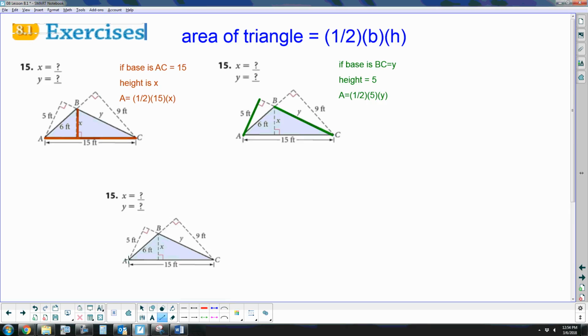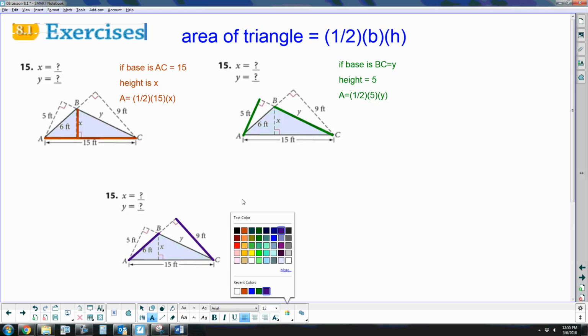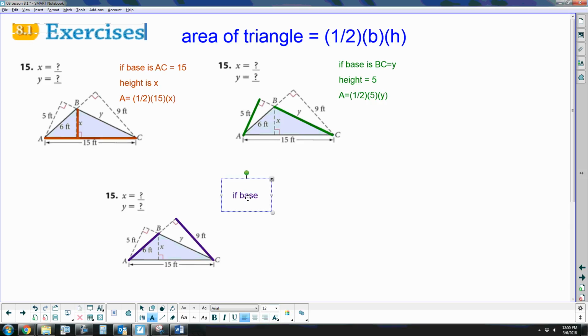So now let's look, if the base was AB, then the height is the perpendicular segment from AB to the opposite vertex. So now in this case, if the base is BC, which we know is 6, then the height is that perpendicular segment, which is 9.